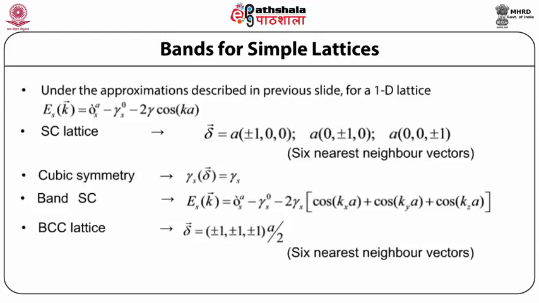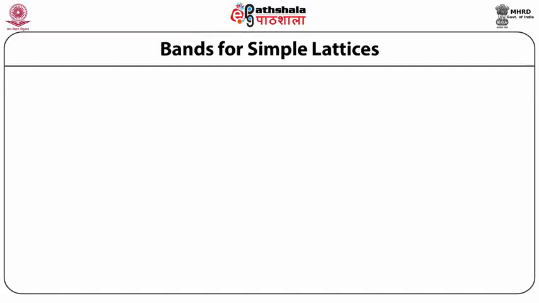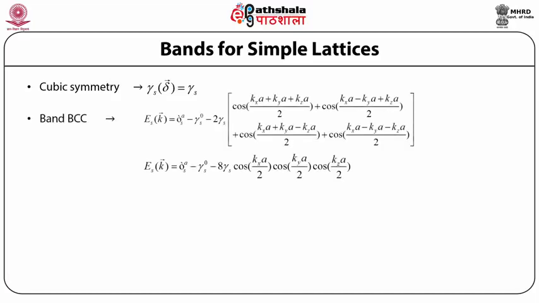Again, due to cubic symmetry, all gamma S as a function of delta are equal to gamma S. The resulting band is simply given by ES as a function of the K vector is equal to OS minus gamma S0 minus 2 gamma S multiplied by, in a large bracket, cos of (Kxa plus Kya plus Kza) divided by 2 plus cos of (Kxa minus Kya plus Kza) by 2 plus cos of (Kxa plus Kya minus Kza) by 2 plus cos of (Kxa minus Kya minus Kza) by 2.